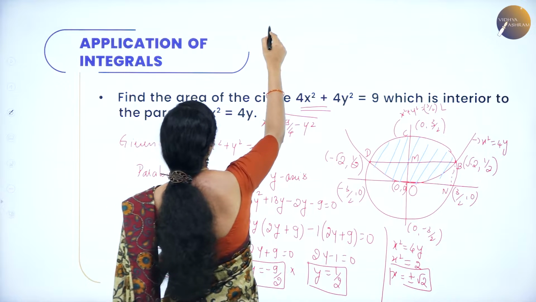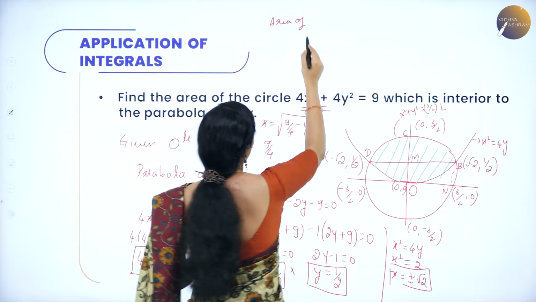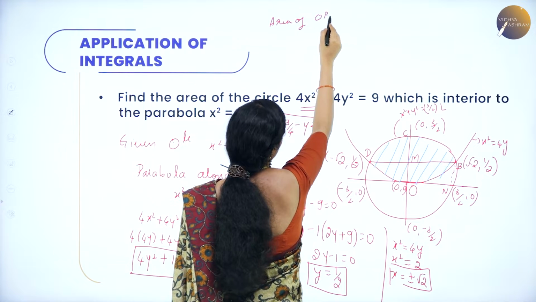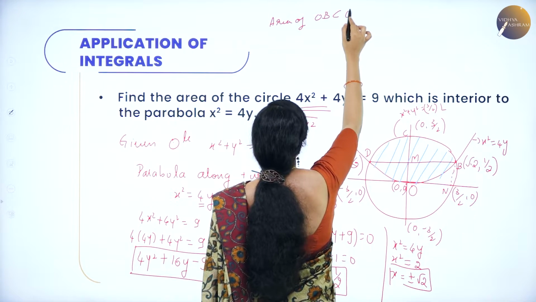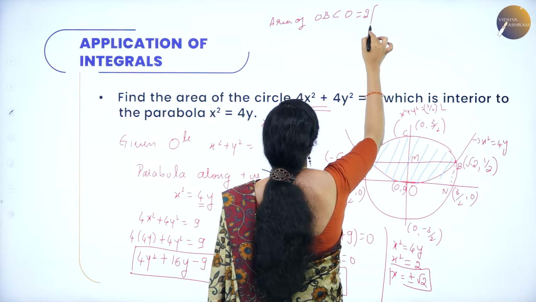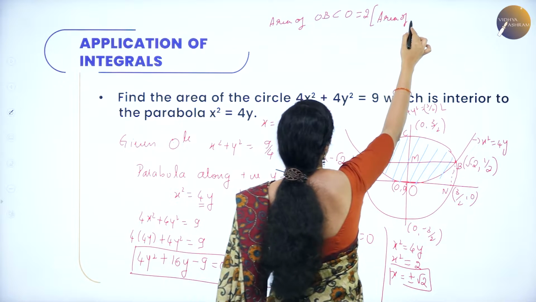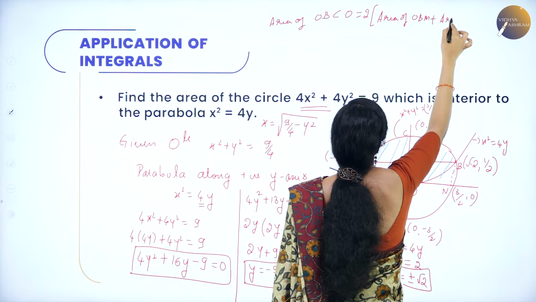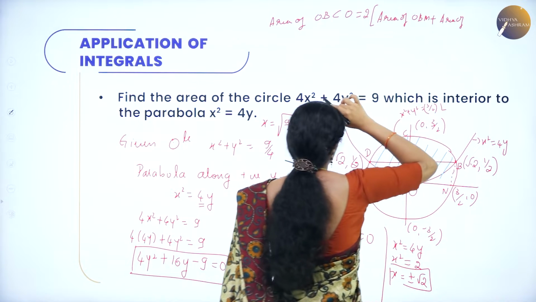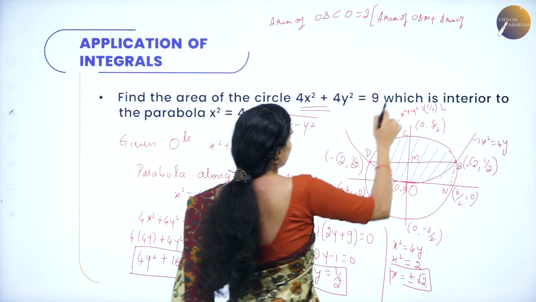So, area of OBCO, correct? So will be is equal to 2 times of area of OBM plus area of what we have found out? We have found out that area of MBC.